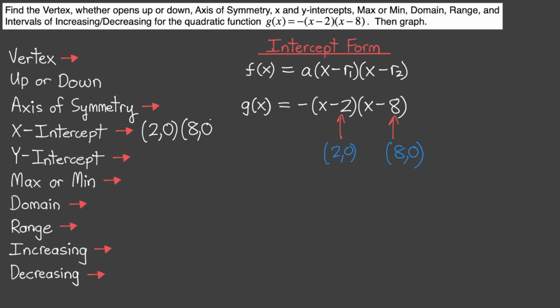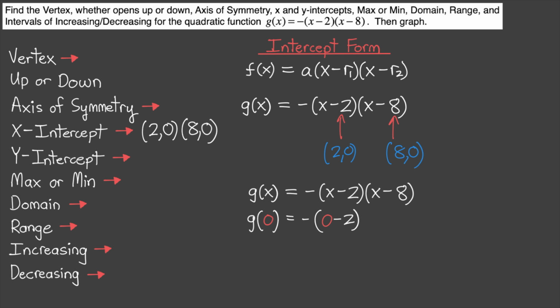Now let's find our y-intercept. So to find the y-intercept, we plug in 0 for x. So wherever we see x, we plug in 0. All right, so g of 0 is going to equal negative, 0 minus 2 is negative 2, 0 minus 8 is negative 8.